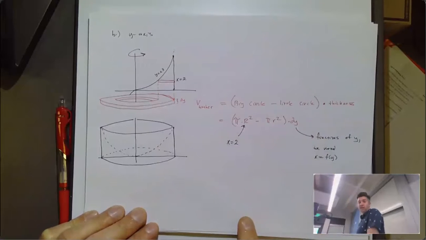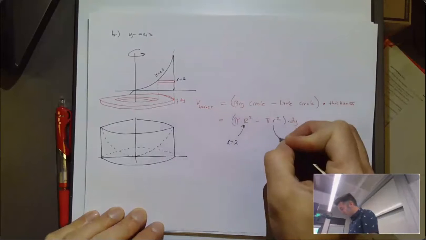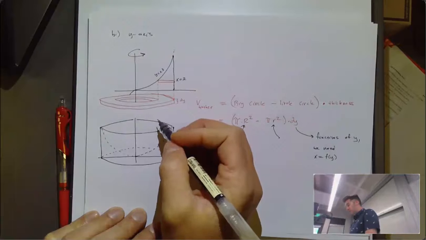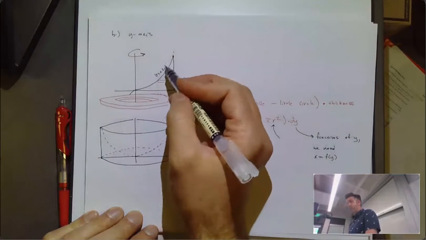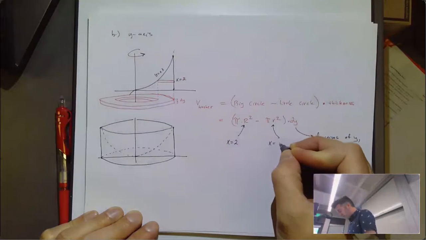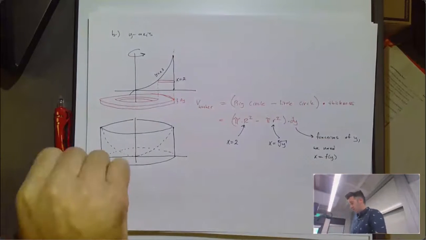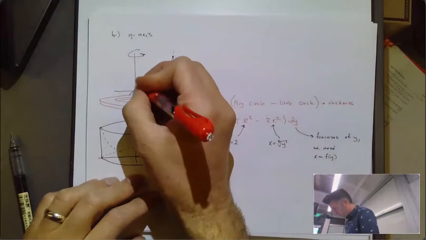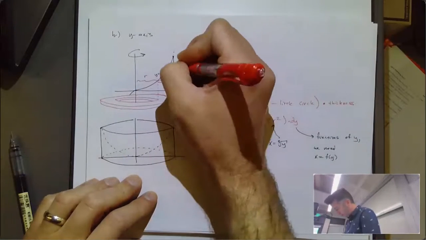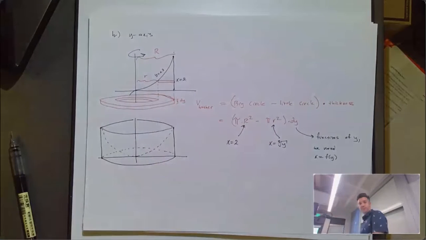Not very exciting. It is a function of y, it's just a constant function. Our inner radius, the function that's closer to the axis of rotation, is this function here, y equals x cubed, but we have to solve for x as a function of y. So it's actually x equal to the cube root of y. And again, just to point out, this here is my inner radius, and this is my outer radius.